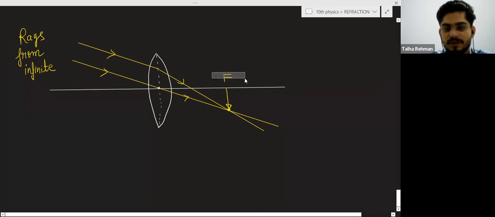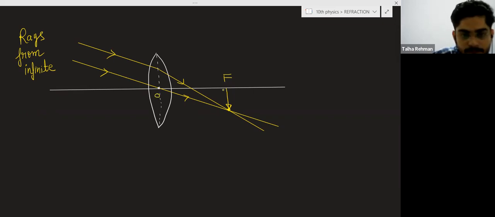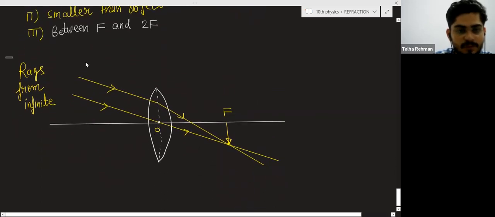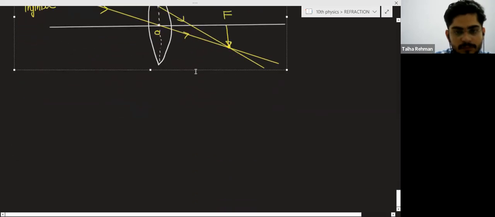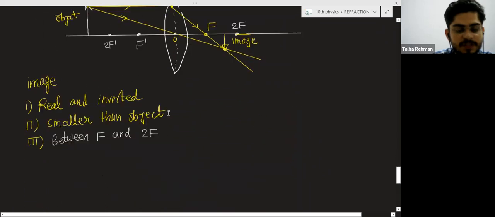Actually, the rays are not meeting at the focus point; the rays are meeting at the focal plane. I have told you what the focal plane is earlier. So this is the case. Number 6.